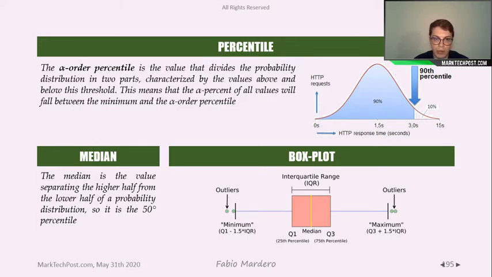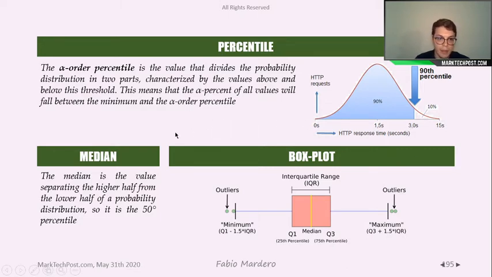Why do we say alpha order? Because alpha percent of all values will fall between the minimum of the distribution and that number, the alpha order percentile. For example, here, the 90th percentile, here 3 seconds, means that from 0 to 3 seconds we get 90% of all the observations, and there's only 10% left on the right, greater than 3 seconds.